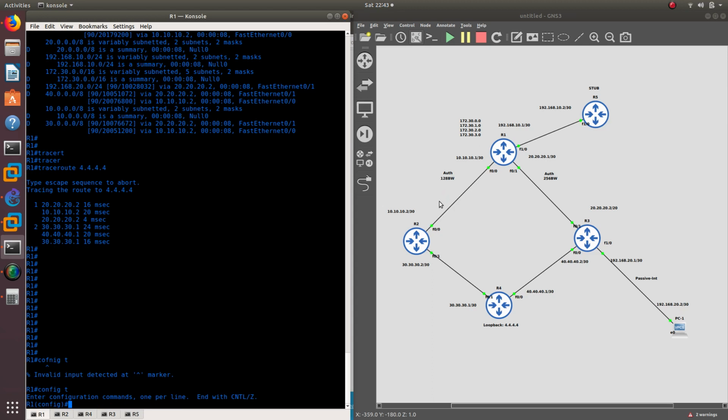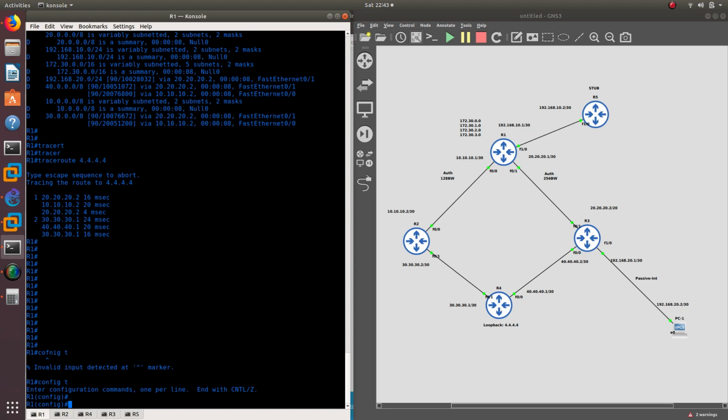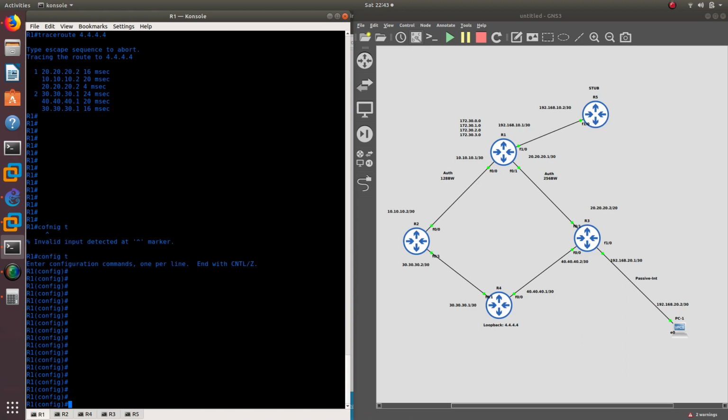A way you could do that is by using key strings and MD5. It is a little bit easy. Not really that easy, to be honest with you. You just have to do it a bunch of times and then you will get really good at it.